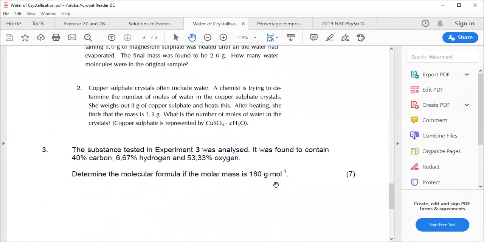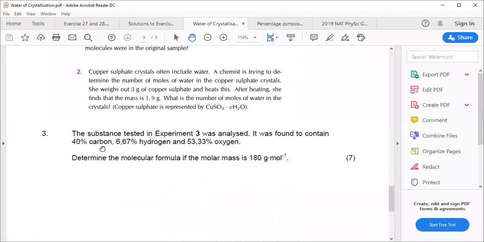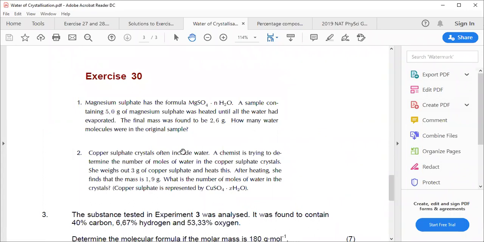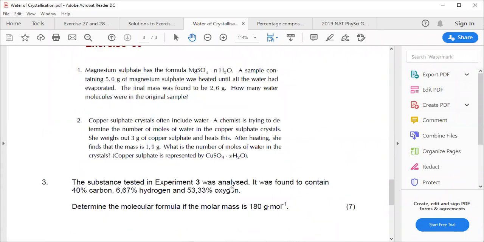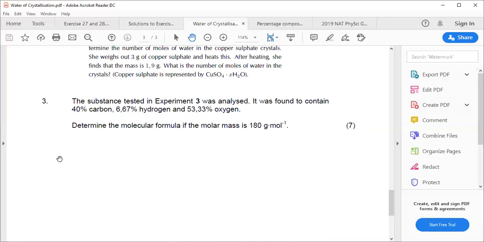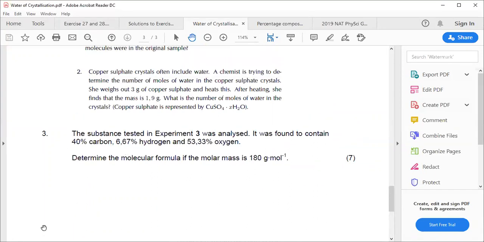Determine the molecular formula if you are given that. I'm gonna add maybe 2 or 3 more questions. You're gonna leave number 1 and 2 because this is for water of crystallization. Then you do number 3, 4, and 5. Today's homework, you're gonna do number 3, number 4, and number 5. Is that clear? Just to practice on empirical formula and molecular formula.